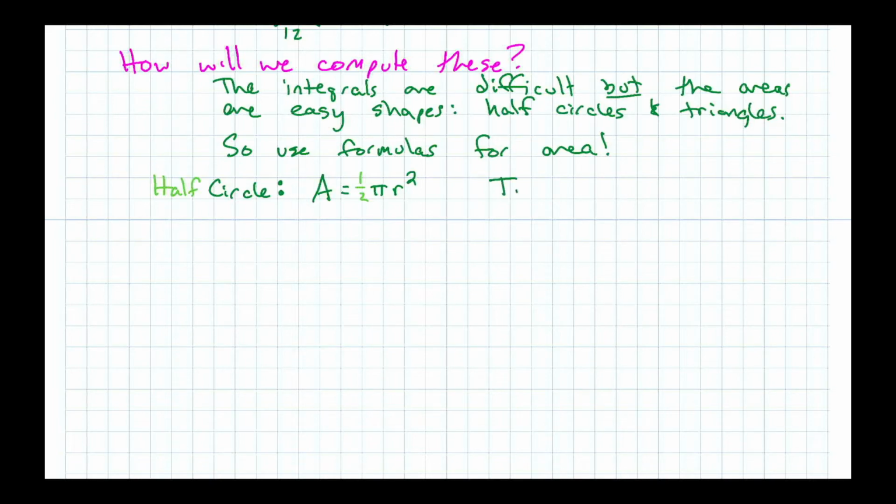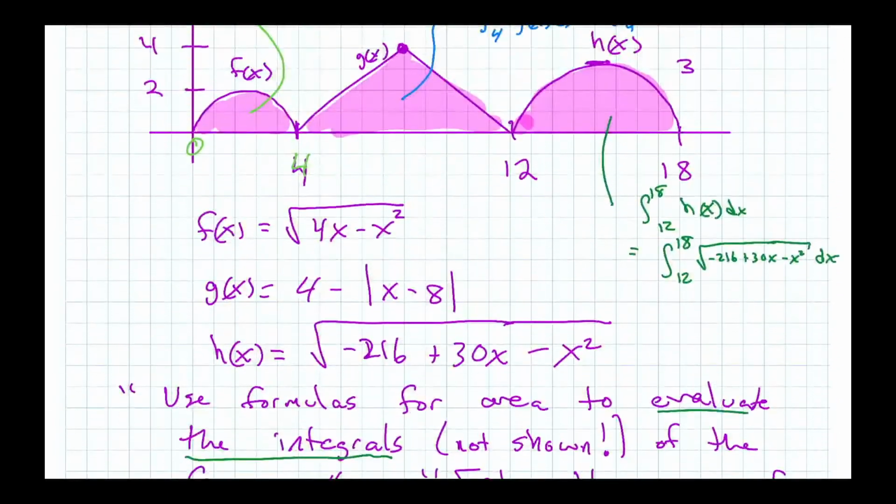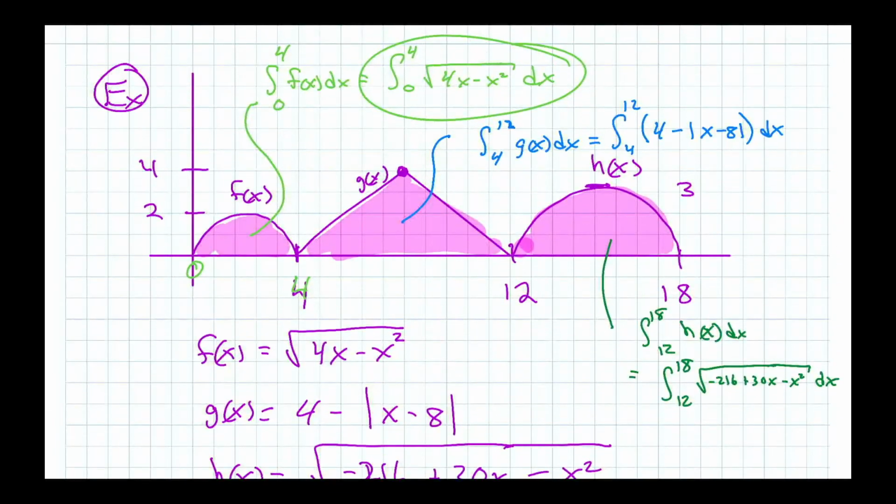Triangle, the area is 1/2 base times height. You are supposed to remember these formulas from previous math classes, basically. Okay, so with that in mind, let me just see if I can copy this here. How will I do that? There's a lasso.